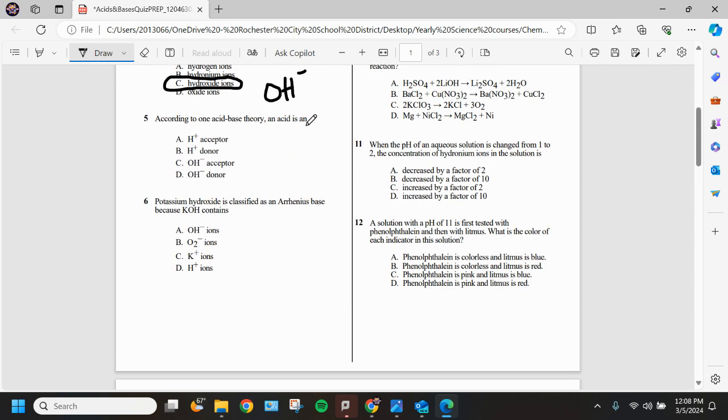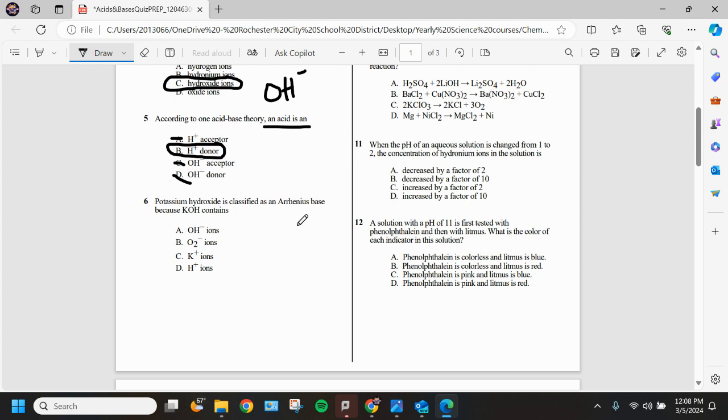All right, according to one acid-base theory, an acid is, well, it can't be an acceptor. An H plus acceptor, we just learned that is the definition for a base. We don't talk about acids or bases in terms of being an OH acceptor or donor, even though that is a better distractor than Na plus. So B is an H plus donor.